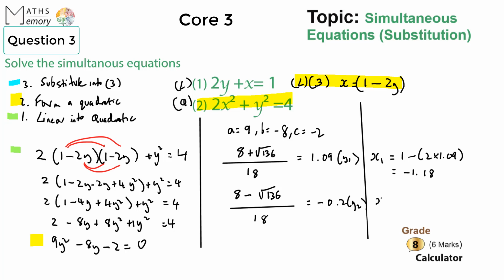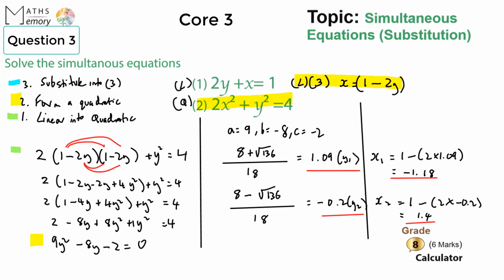And x2 similarly would be 1 take away 2 times this one, by the way, minus 0.2, and that would give us an answer of 1.4. So these are our answers over here. If you can see this, you've got two different sets of coordinates. You've got your y1 here, x1 here, y2 here, x2 here.